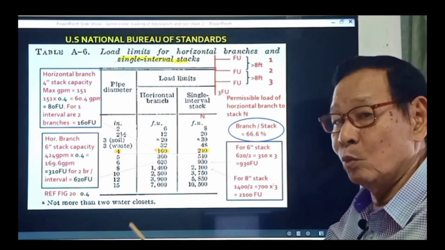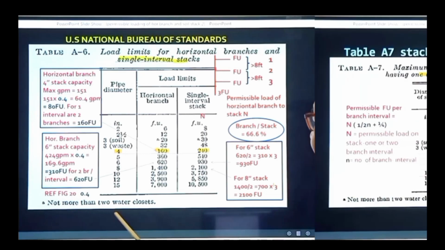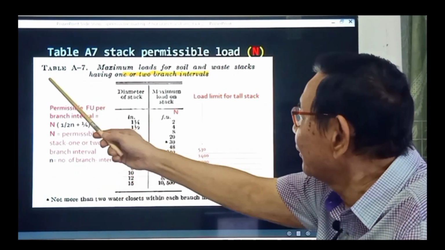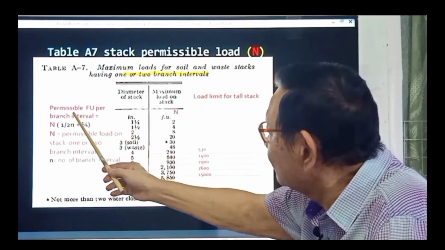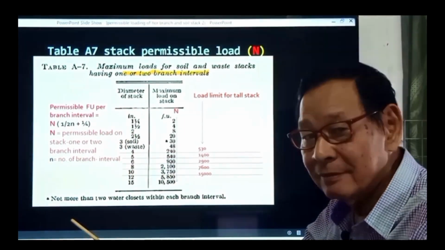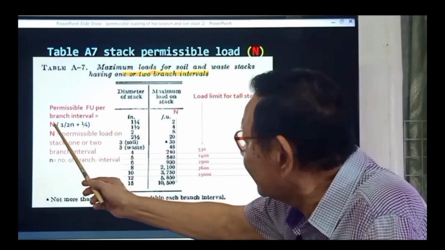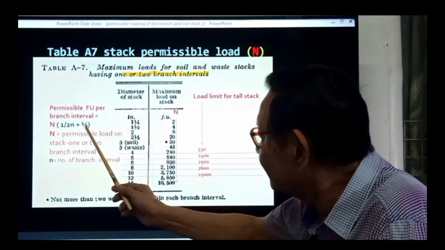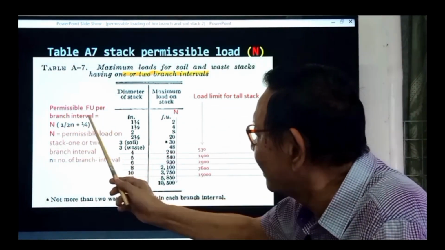Ito ngayon ang equivalent ng maximum permissible loading. You will be using sa design natin. So, table A7. Kanina A6, A7 ito. The same also. The permissible fixture unit per branch interval has an equation. Okay. This equation is n multiplied by 1 over 2n plus 1/4. That is the permissible fixture unit for branch interval.